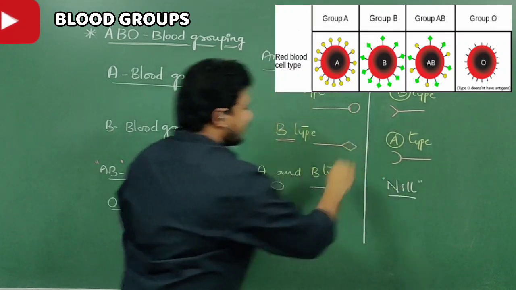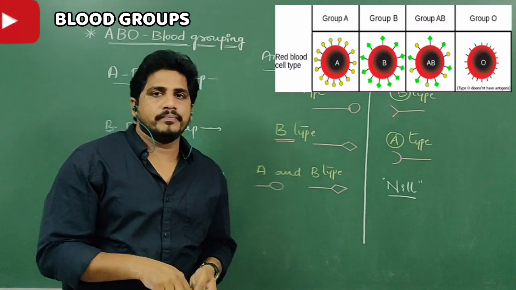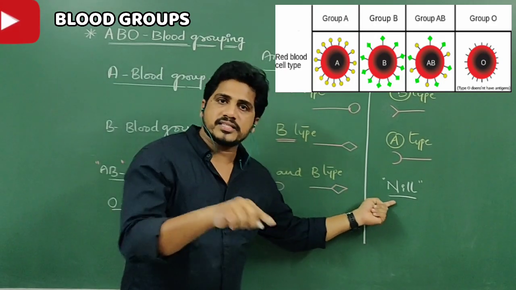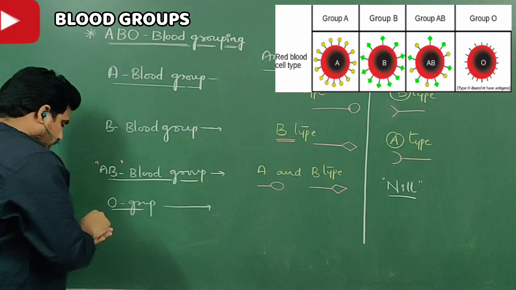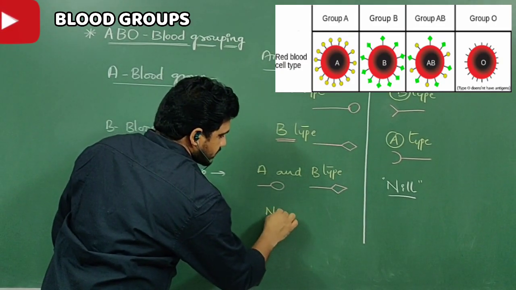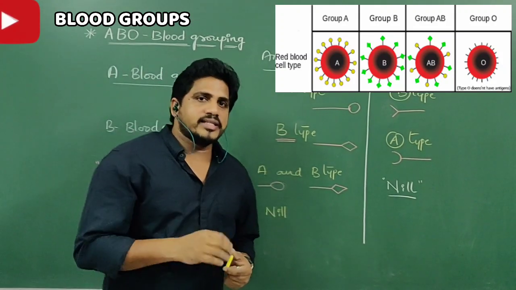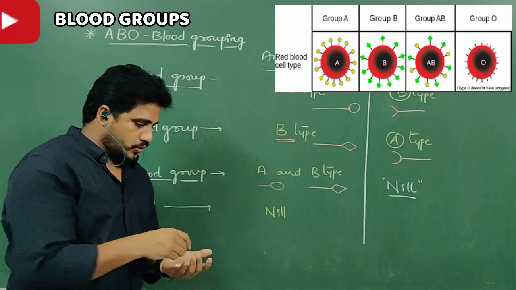If you think the O group is an antigen-less blood group, I can say the AB blood group is an antibodies-less blood group. Now, the last one is the O blood group, where antigens are nil. On the cell membrane of the RBC, no antigen exists. That is the reason it is the null group or zero group.